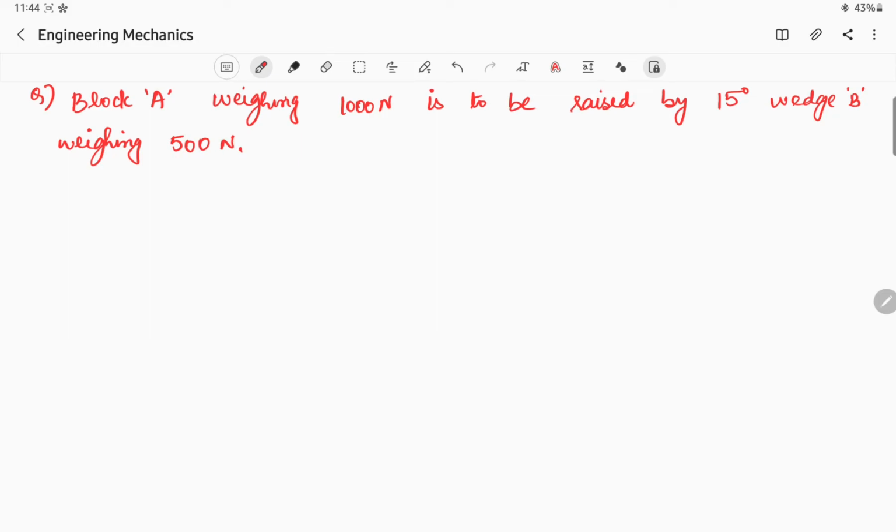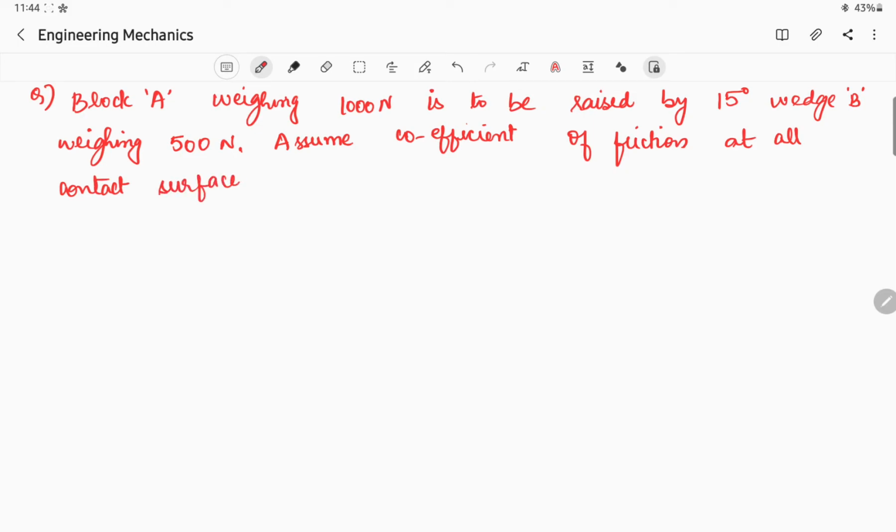Assume the coefficient of friction at all contact surfaces as 0.2.